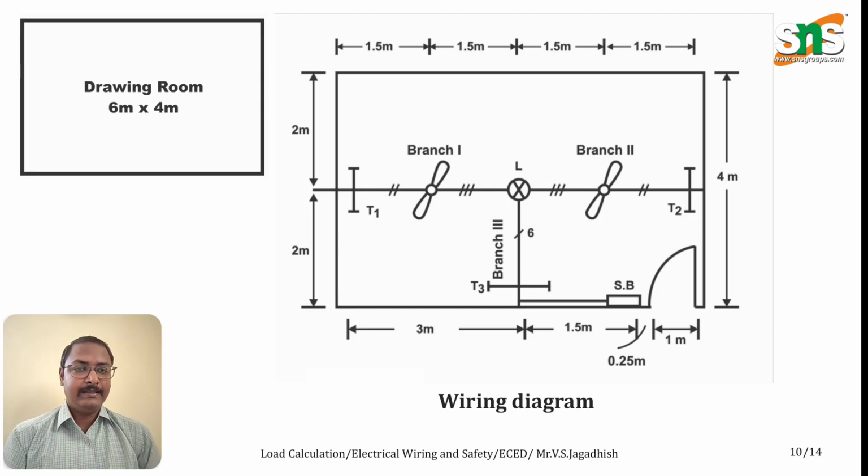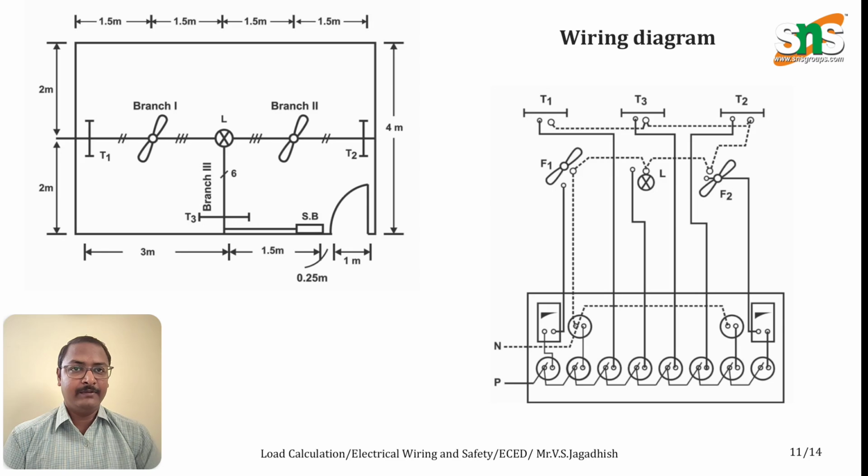The dimensions of the room and the positions where the fluorescent light, LED light and the fan have to be placed are given as a simple diagram. And you wonder how we fix this number of fluorescent lights or fans in the drawing hall. Let's move on to the discussion.